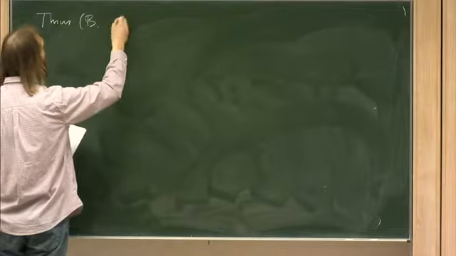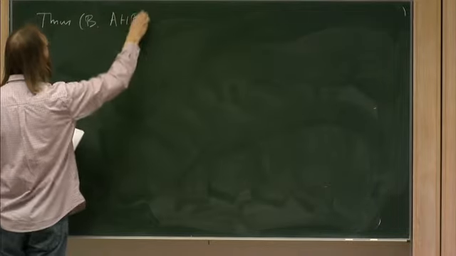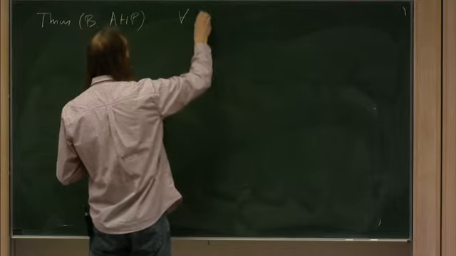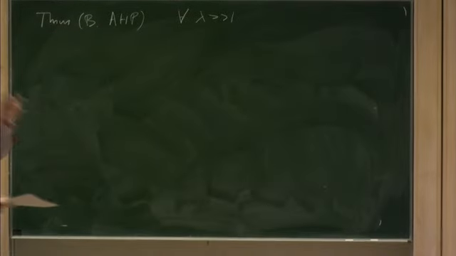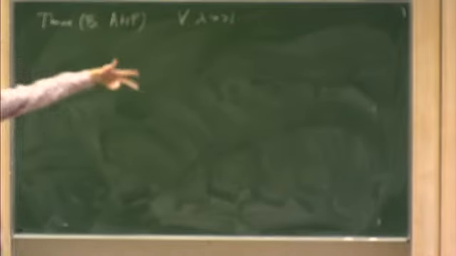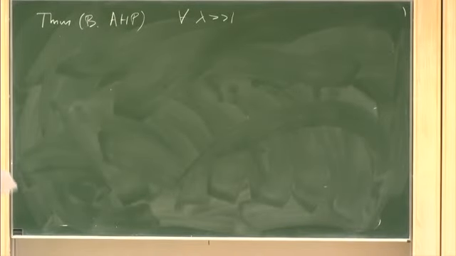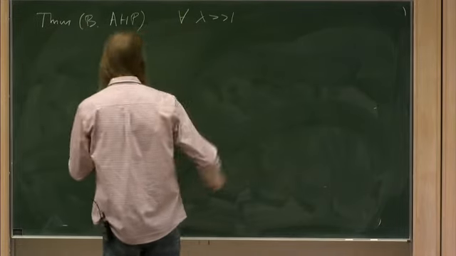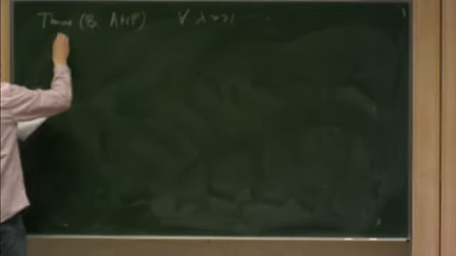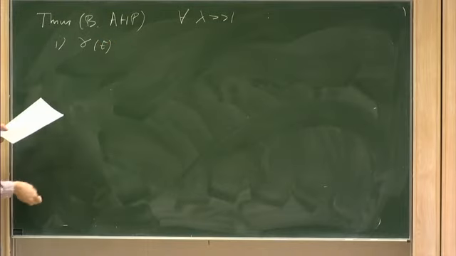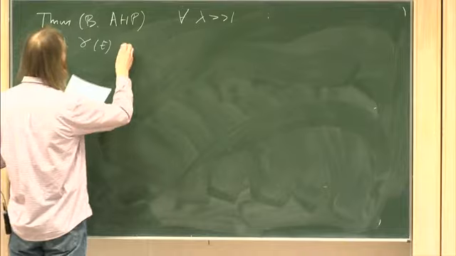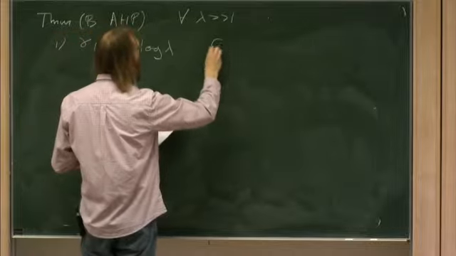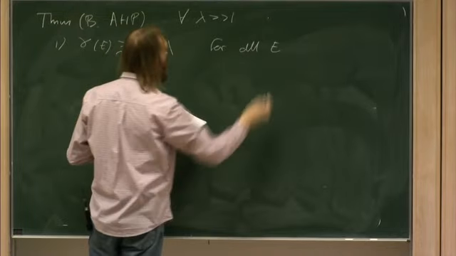It just appeared in the April number of Annales Henri Poincaré. So for all lambda sufficiently large, where the size always depends on the f_0 and the Diophantine properties of omega, we have the following. First, the Lyapunov exponent gamma is of the size of log lambda for all values of E.